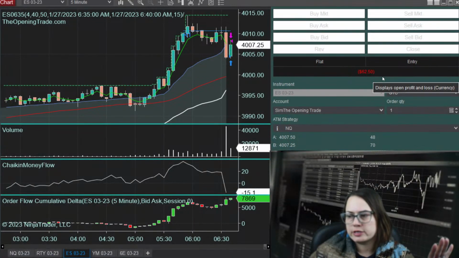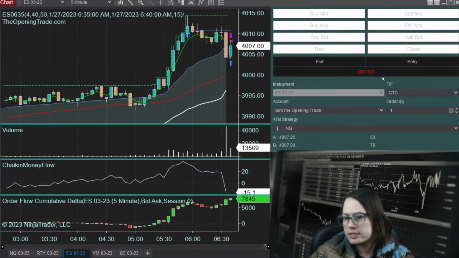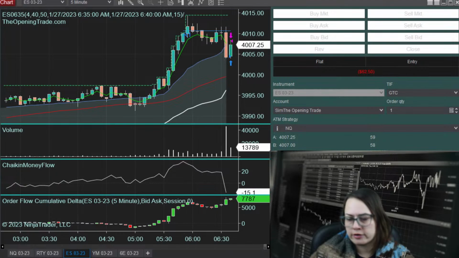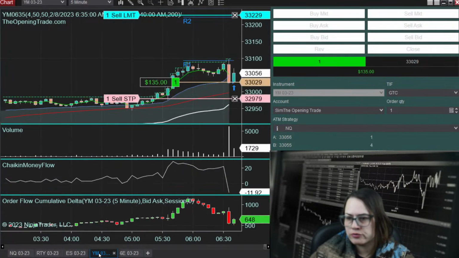So the first trade was a loser for 250, right? Now after our second trade, which is a winner, we're only down 62.50, and that's amazing because it tapped the line, turned around, and fell down. So it did exactly what we wanted it to, right when we needed it to. So now we're in our last automated trade here.